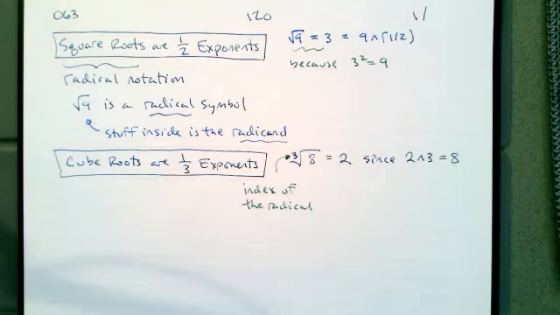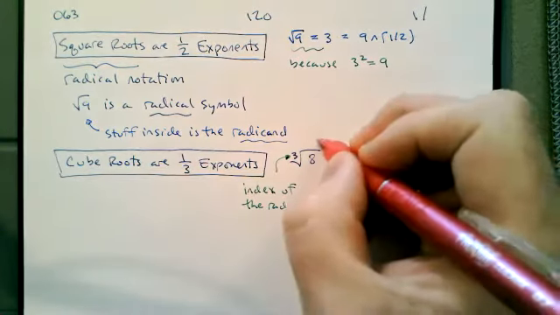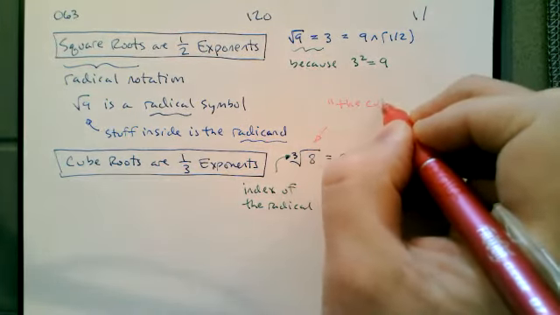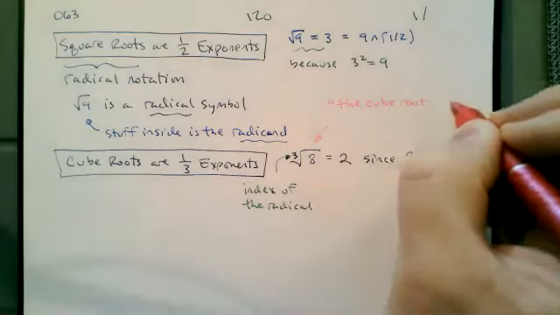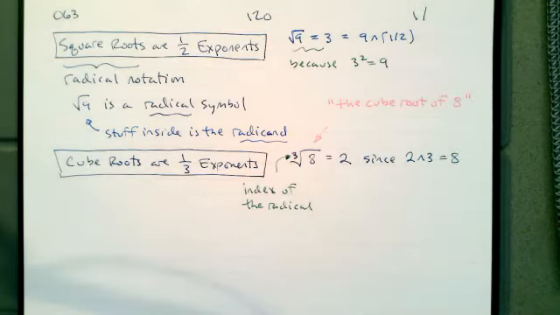So we would read this as the cube root of 8. The cube root of 8 is 2, since 2 to the 3rd power is 8. So there is the cube root of 8 written in radical notation.